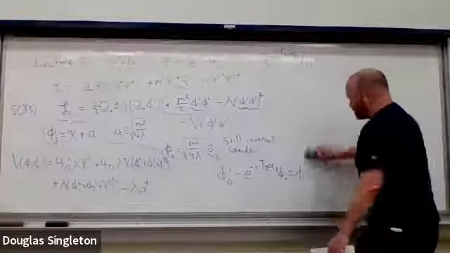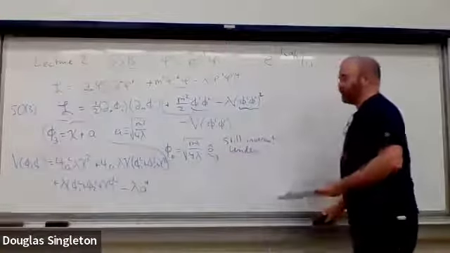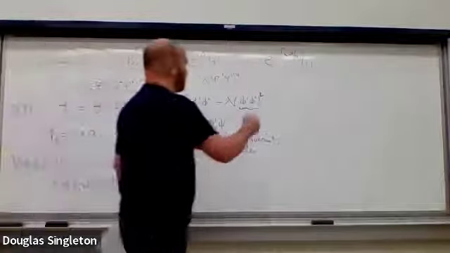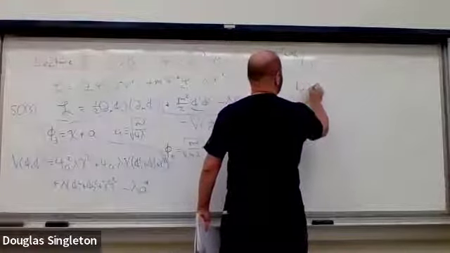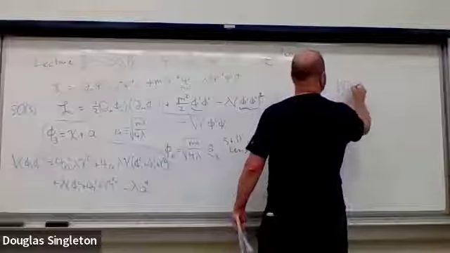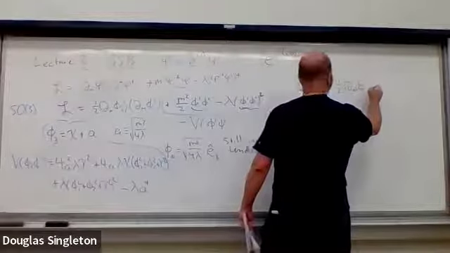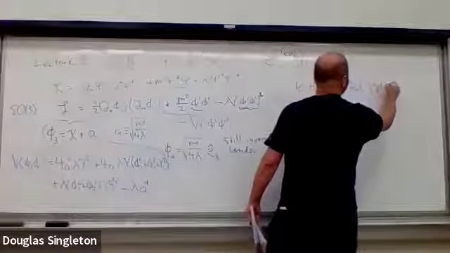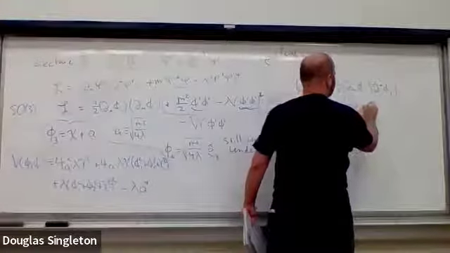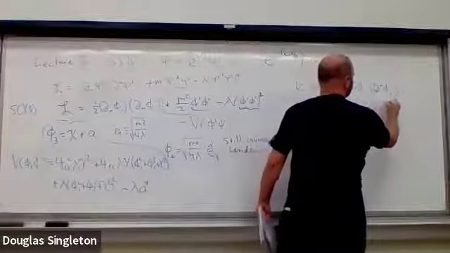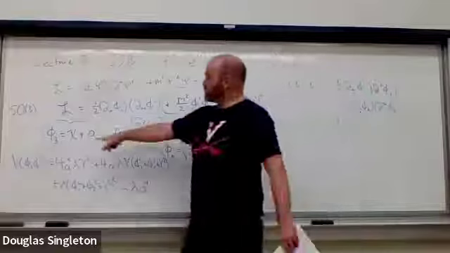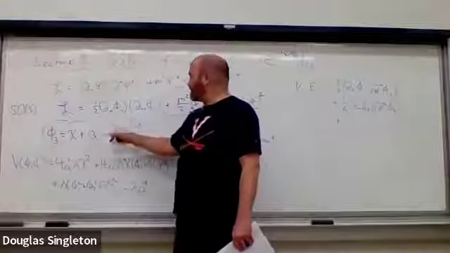The kinetic energy term is somewhat straightforward, because if you take this and stick it in here, the kinetic energy term is going to be equal to 1/2 d mu phi1 d mu phi1, plus 1/2 d mu phi2 d mu phi2, plus, now this one goes in here, but notice this is a constant.